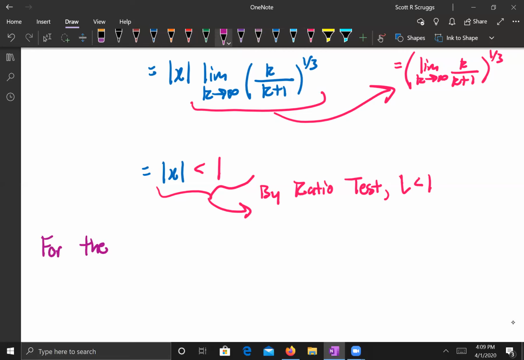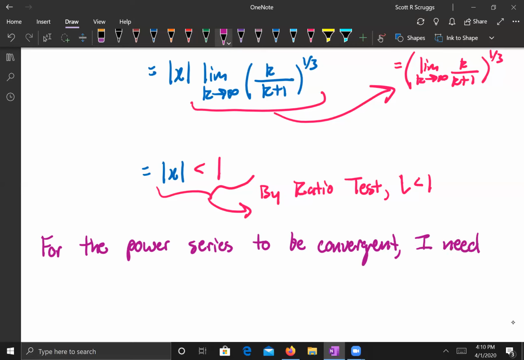For the power series to be convergent, I need the absolute value of x to be strictly less than 1. So that is my number 1 condition that I need at the very end.